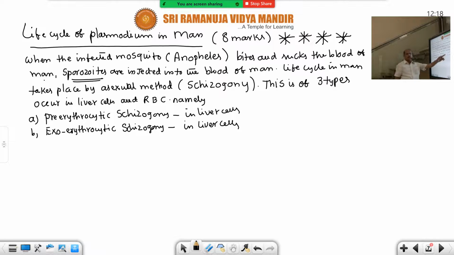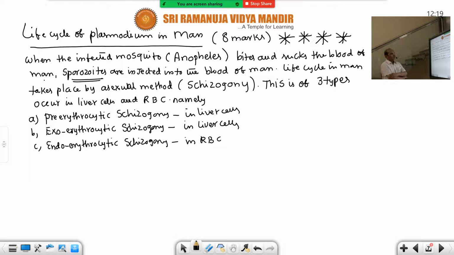I am writing here after a hyphen where it occurs. So both the first two schizogonies occur in liver cells. Last and final one is erythrocytic schizogony or endoerythrocytic schizogony, because within the erythrocytes, the RBC, this occurs.